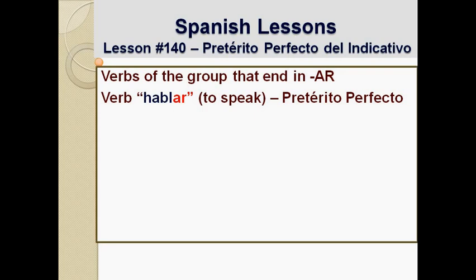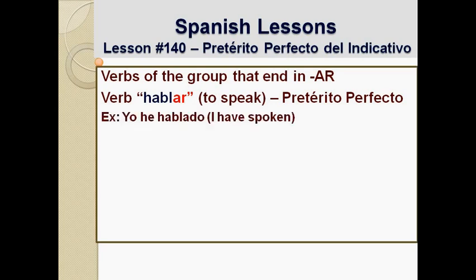So you can see in blue, that is the root of the verb, and in red, those last 2 letters are the ending that indicates what group this verb belongs to, okay? The first group, the verbs that end in AR.